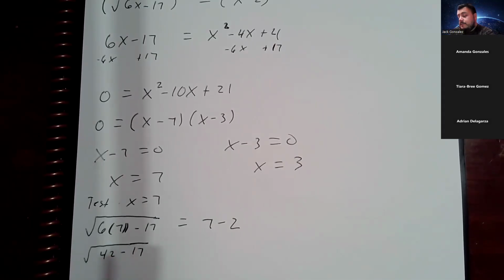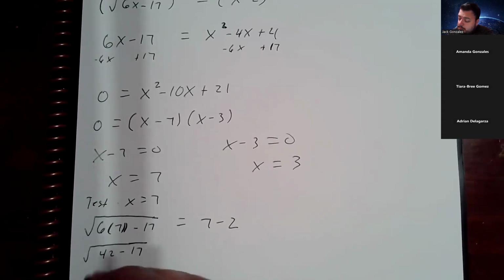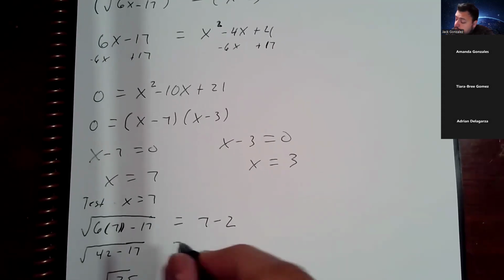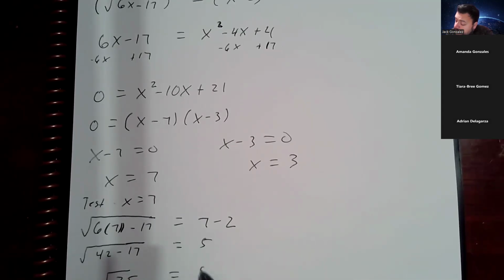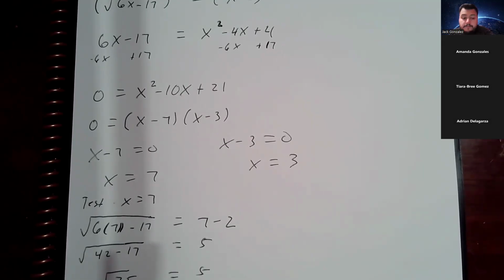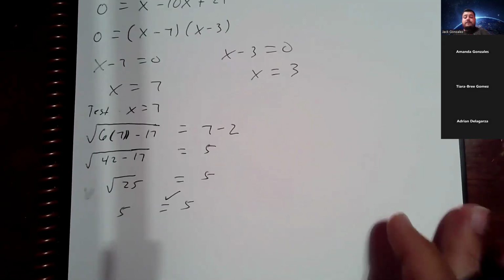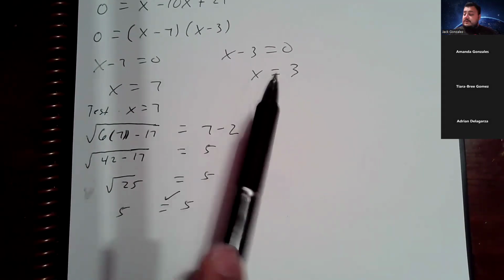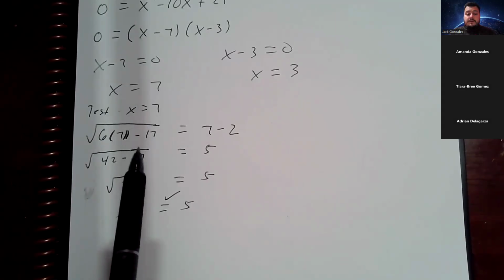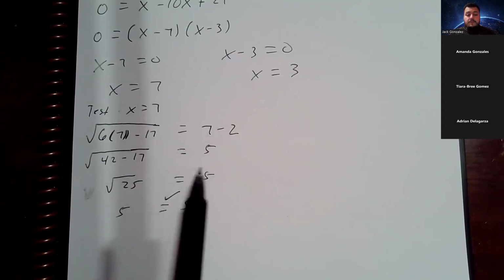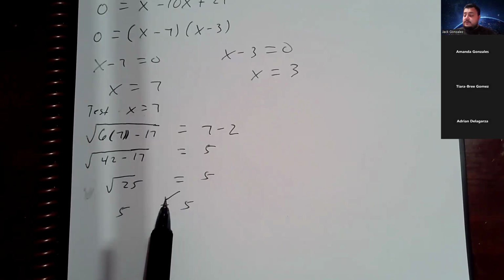Minus 17. This is 5, 5. This is true, right? Sorry. So I plugged in 7, and I got equality. So it is a solution.